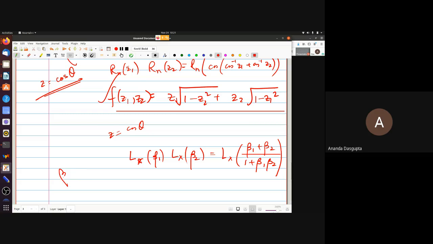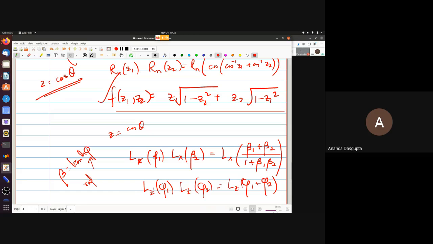Okay, so if you define beta as tanh phi, then you end up with L_Z(phi_1) L_Z(phi_2) is L_Z(phi_1 plus phi_2). That's an abuse of notation. Of course, you should really change the letter L_Z for something else, but it doesn't matter.